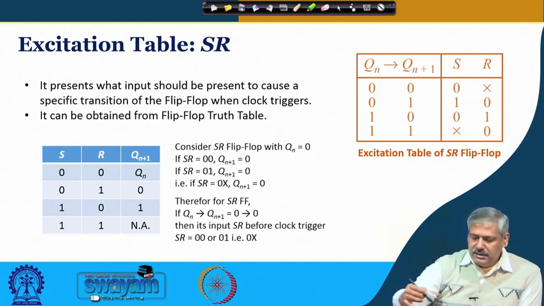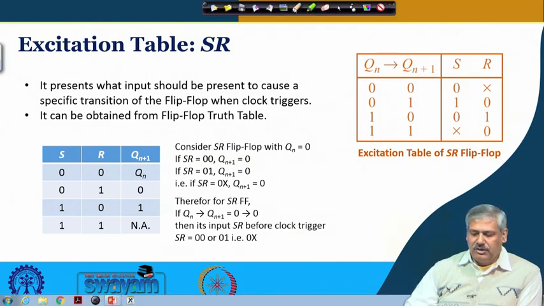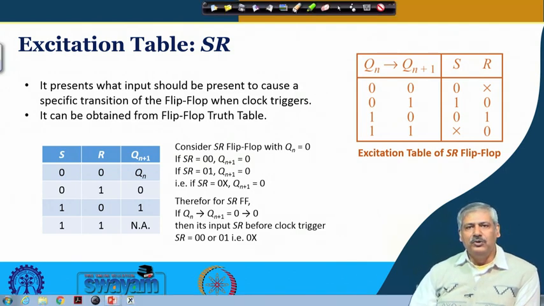So in that context, for SR flip flop, we are looking for excitation when we see that the previous state was 0 and next state is also 0, current state to next state. If that is what we observe, then can we figure out what was the input at S and R? We can figure it out from the truth table.